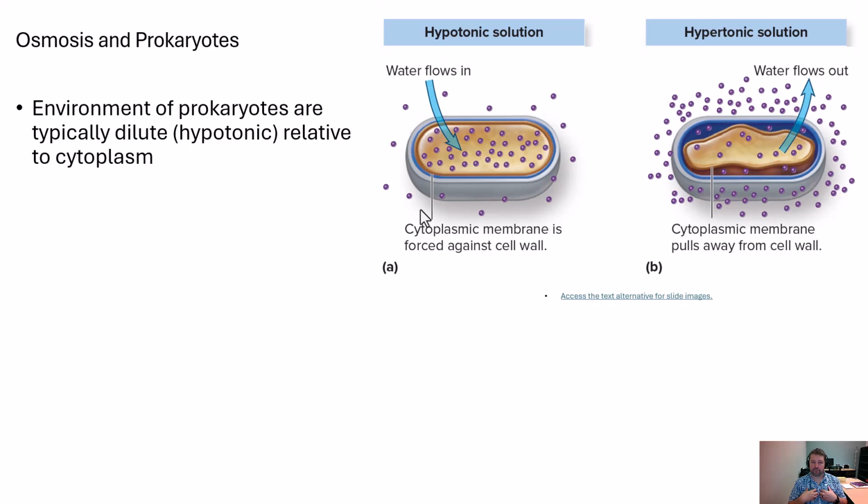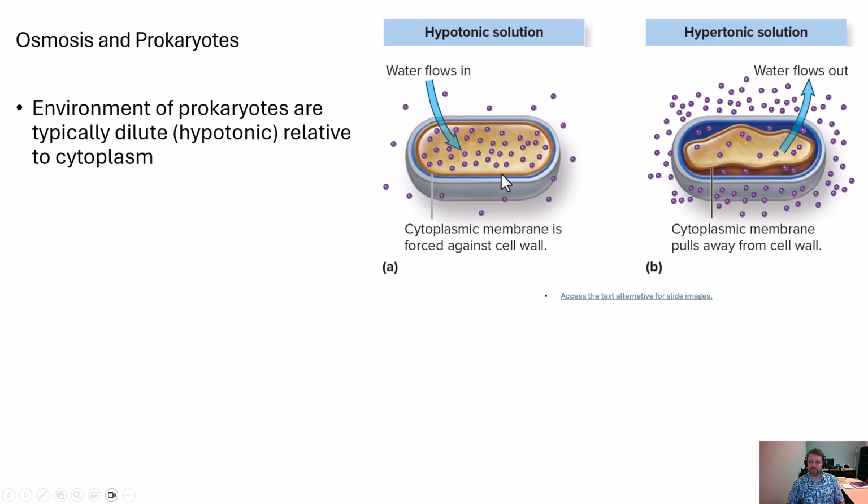Take a human cell, and if we were to drop it into a hypotonic solution, the water would rush in, and because we have no cell wall, eventually the cell membrane would split and rupture and destroy the cell. In the case of bacteria and archaea, that doesn't happen very often because the cell wall is rigid and it prevents it from rupturing. Right?